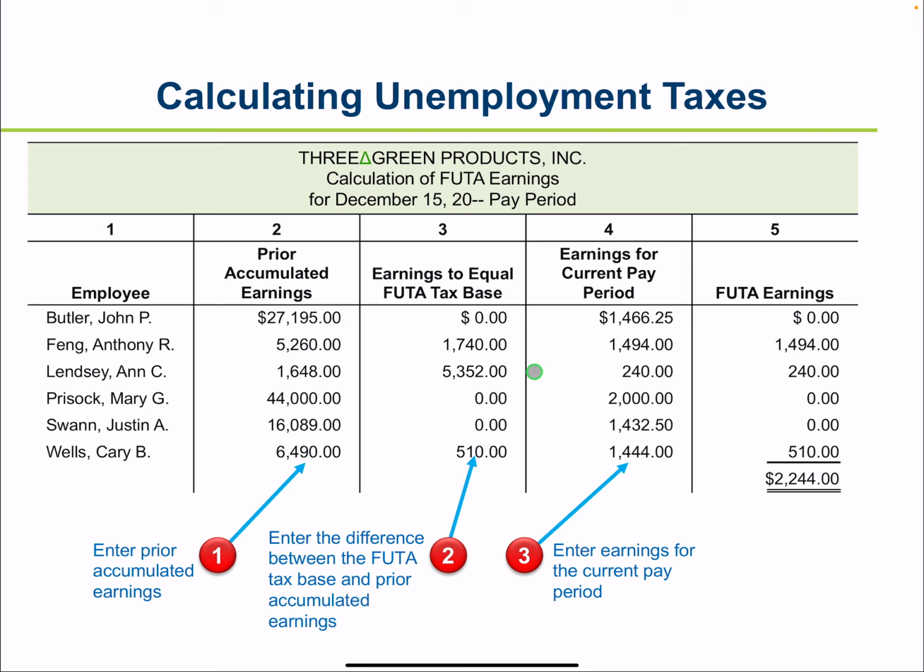She has not reached the tax base yet, so all of hers is taxable. These two are not. And Carrie earned $1,444 this period, but he only needed $510 before he got up to his taxable earnings. So it's the FUTA earnings. We will add that up, and for all of your employees, this is the amount that is subject to federal unemployment tax and state unemployment tax.